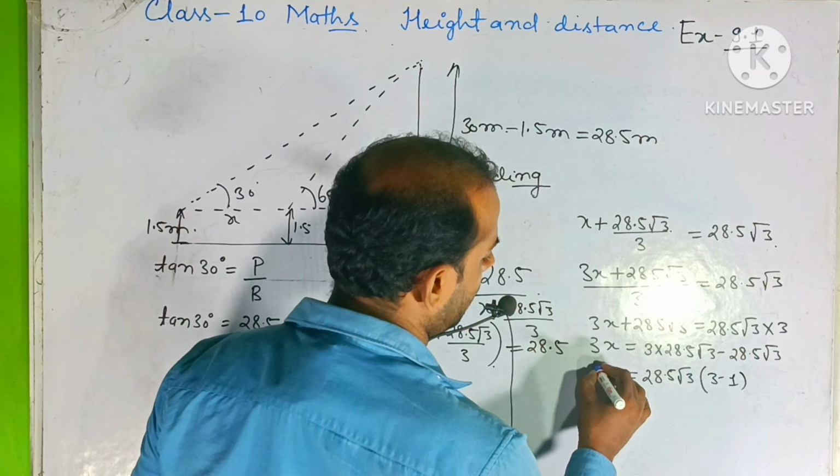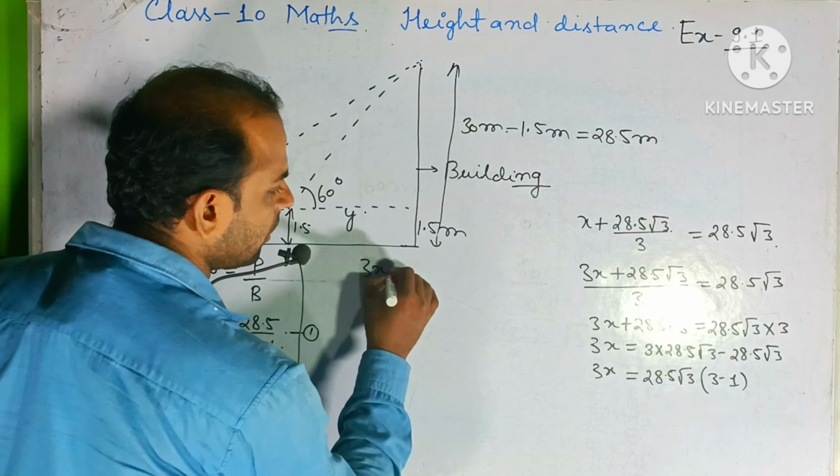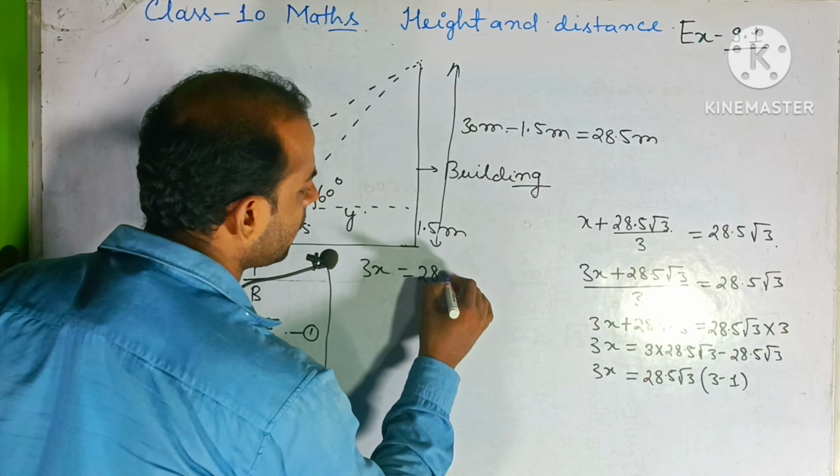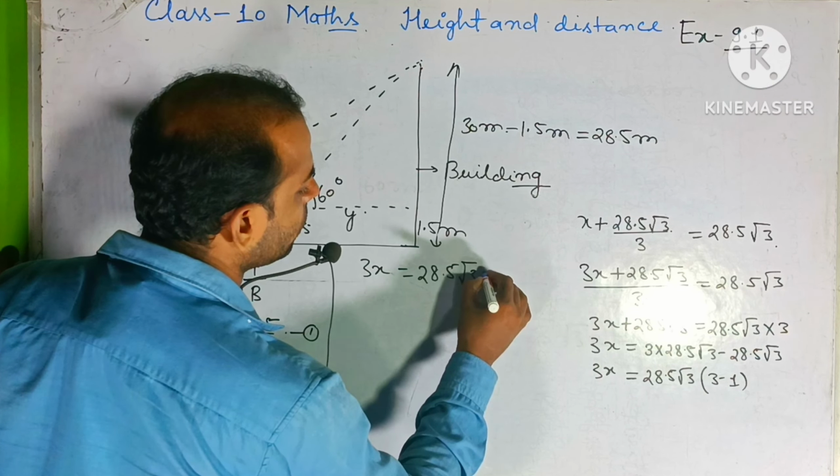Now I am clearing this much portion. Please note it down because we don't have a big board, so we have to manage it on this also. 28.5 root 3 into 2.